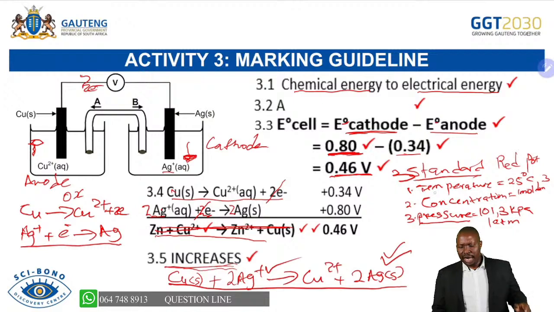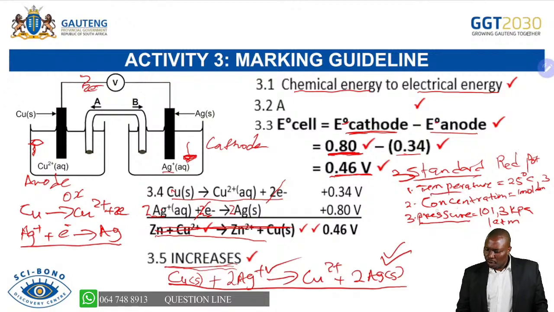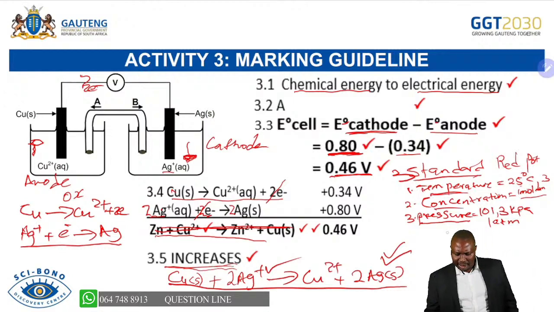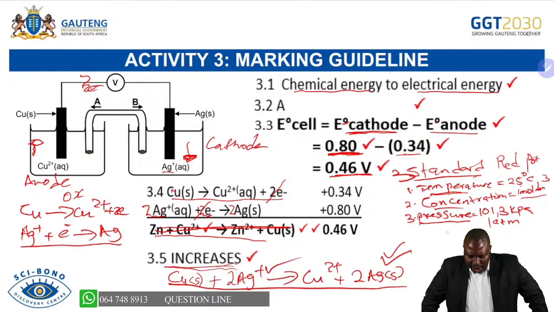In this case, you can't just say temperature, concentration, pressure. You must say temperature of 25 degrees Celsius, or you can use kelvins, you add, then you get 298 kelvins. Concentration of 1 mole per cubic decimeter, pressure of 101.3 kilopascals. Then you are able now to get your answer.